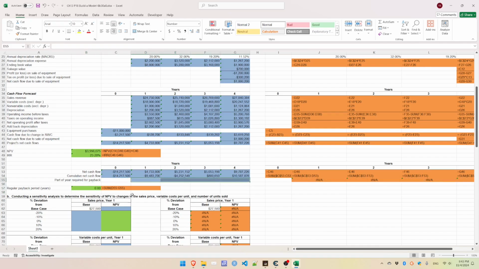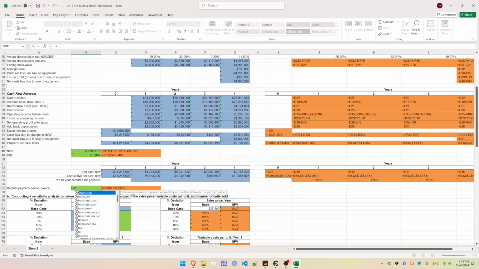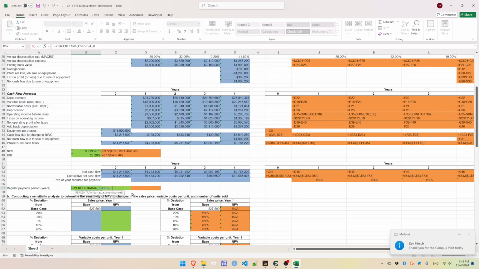I have to say these are all pretty dumb. The way I like to do it is to use the percent rank formula, which is introduced in the book. So you need to enter an array. The array is the cumulative cash flow. You want to look for 0 in this array, where does 0 locate in this array?